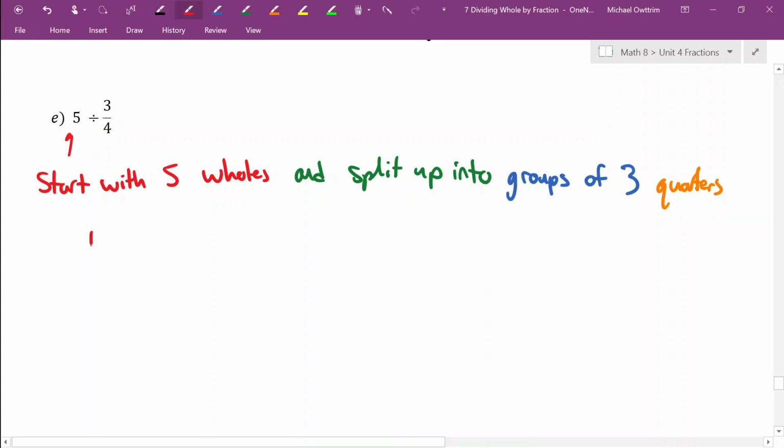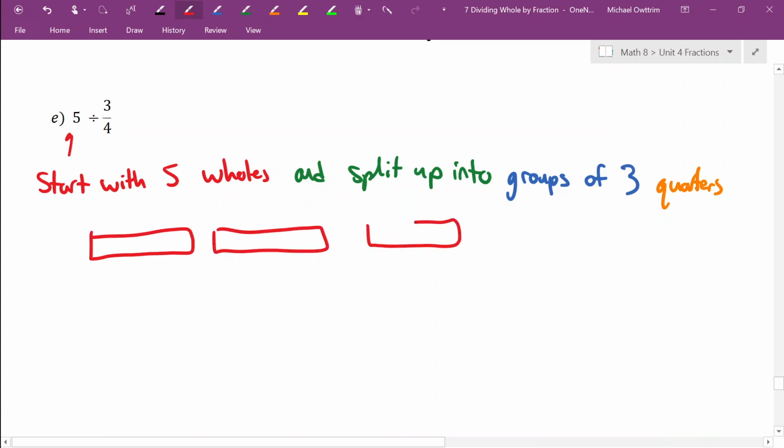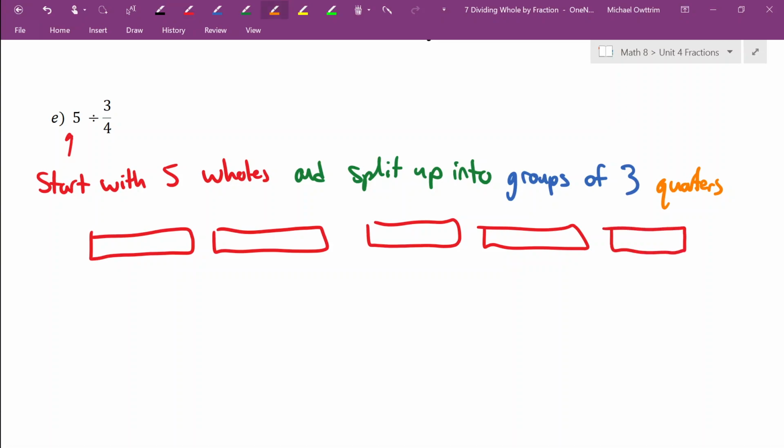So let's start with 5 wholes. 1, 2, 3, 4, 5. We want to split each of those into quarters. So that's 3 dividing lines to make 4 sections. Of course, we have all of each of these.